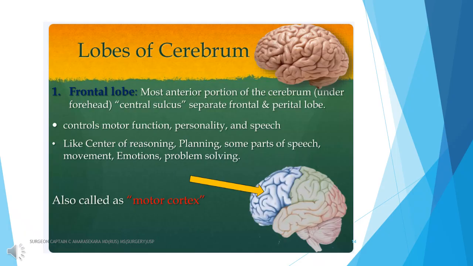This lobe governs a constellation of high-order functions. Motor control via primary motor cortex, precentral gyrus, and speech production through Broca's area, as we know already, in the dominant hemisphere. Executive functions such as reasoning, planning, judgment, and problem solving.